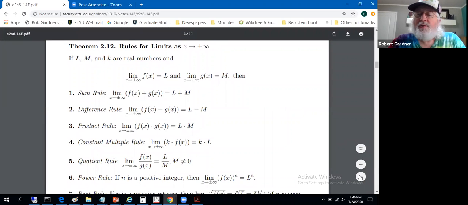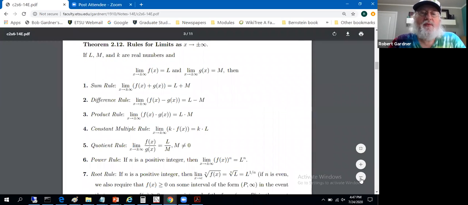So this is just a little restatement of Theorem 2.1, but this time we've got x approaching positive infinity or negative infinity. Suppose the limit as x approaches plus or minus infinity of f of x equals L, and the limit as x approaches plus or minus infinity of g of x equals M, respectively.